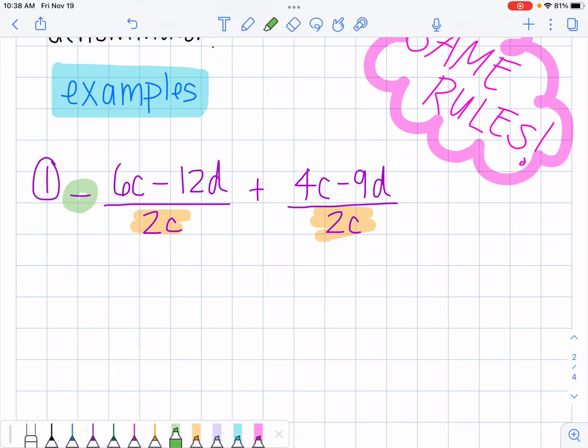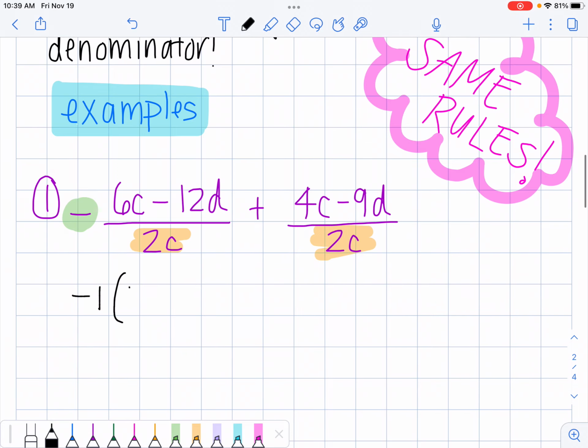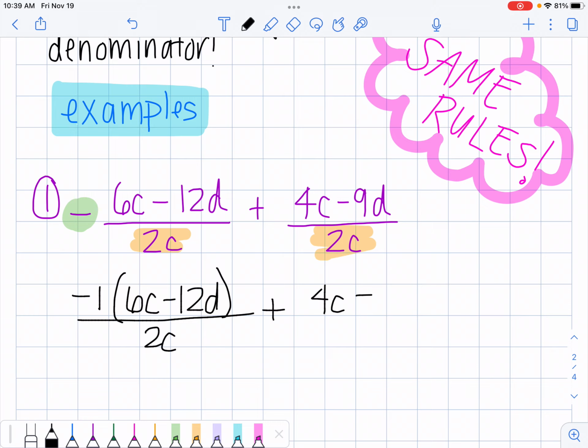Here's something you want to watch out for. This is tricky. This negative out in front means the whole fraction is multiplied by -1. So I'm actually going to rewrite this to show that this is -1 times (6c minus 12d), all divided by 2c, plus (4c minus 9d), all over 2c.